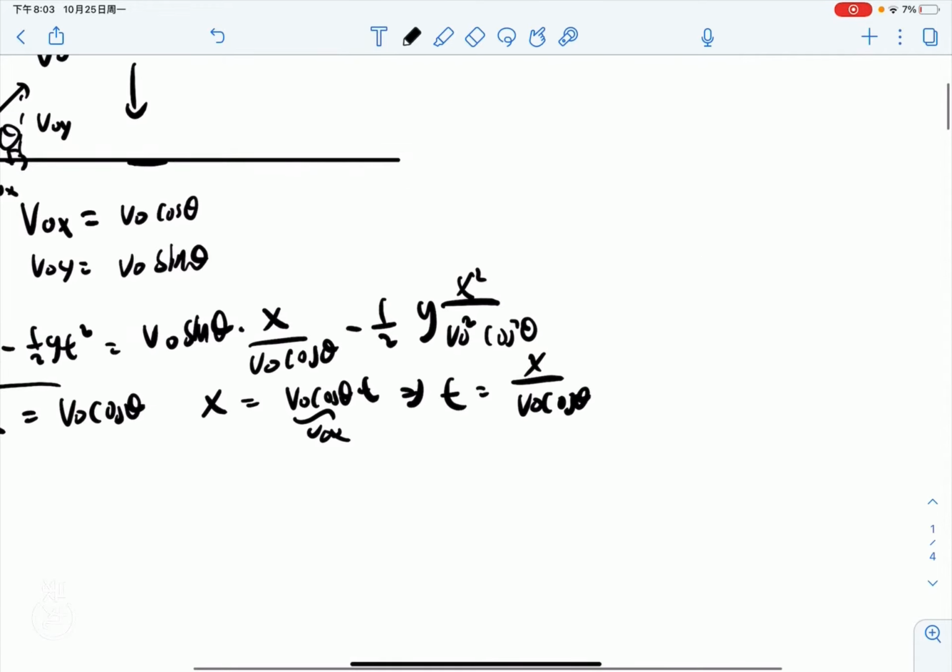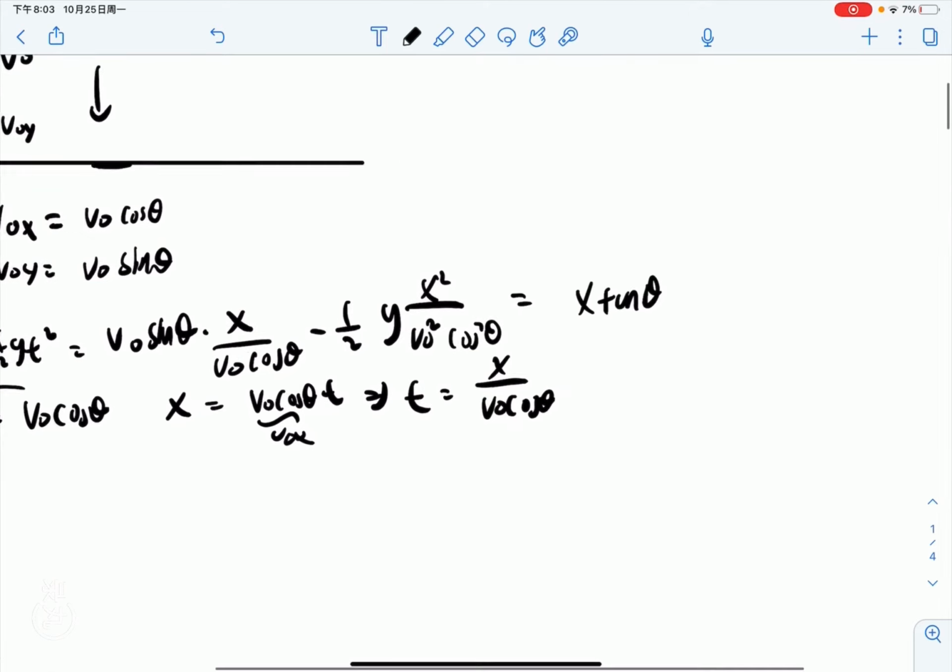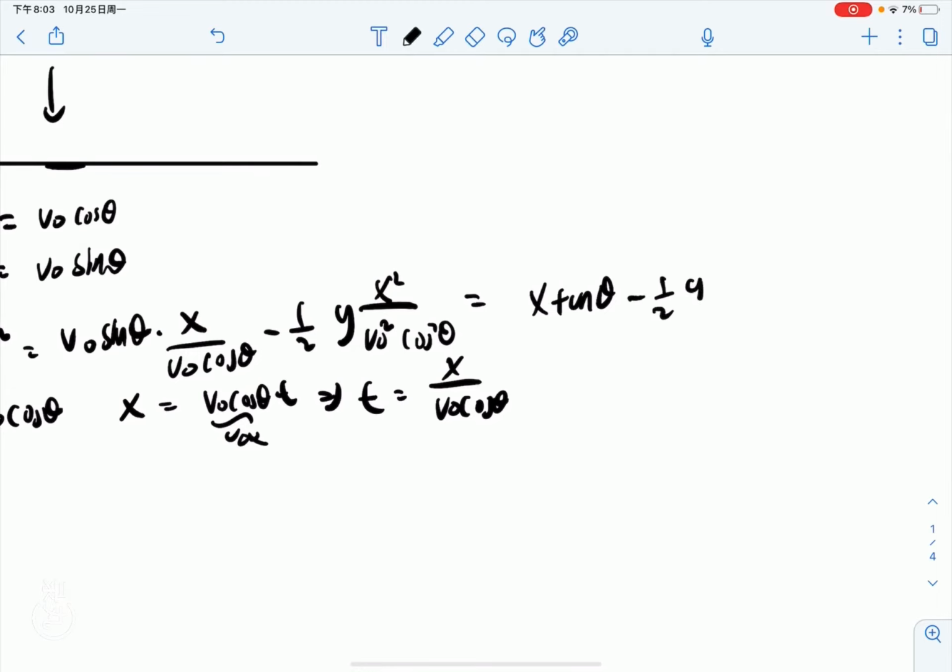So now we have the equation to be x tangent theta minus 1/2 g x squared over v0 squared cosine squared theta.